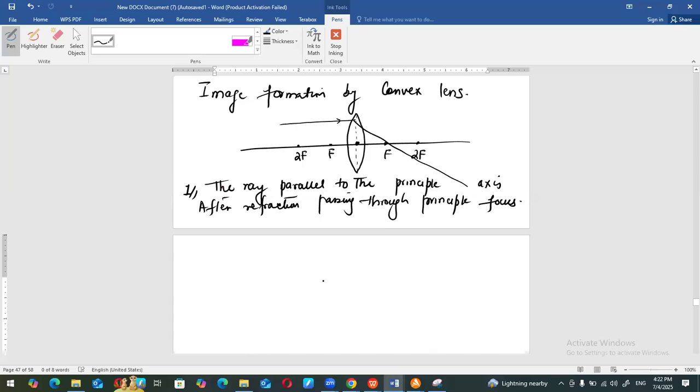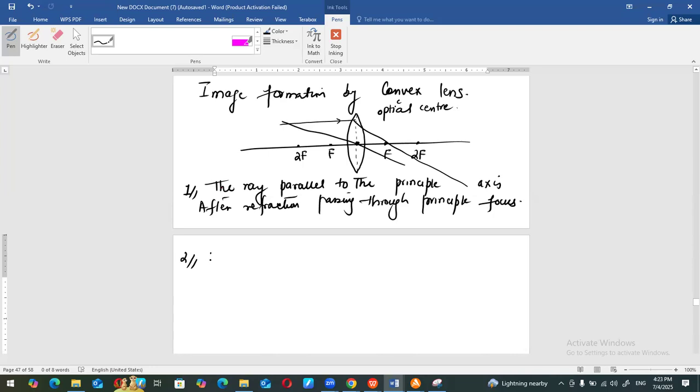That's the first one. Second ray: a ray that is passing through the center of a lens, which is called the optical center, will not change its direction and will go straight.